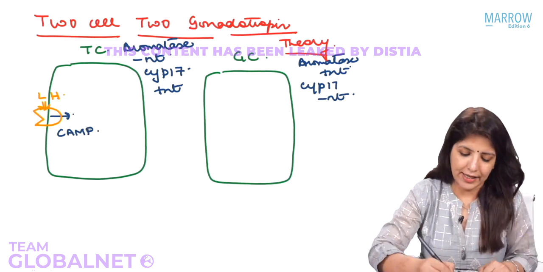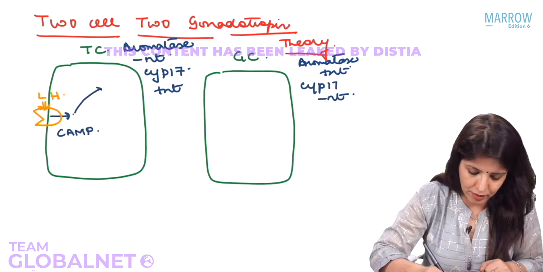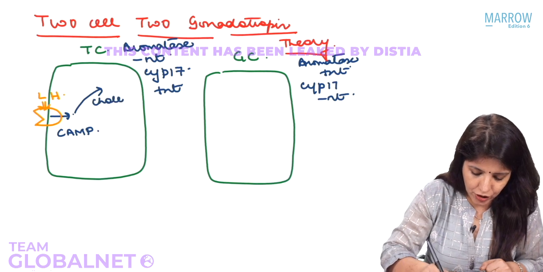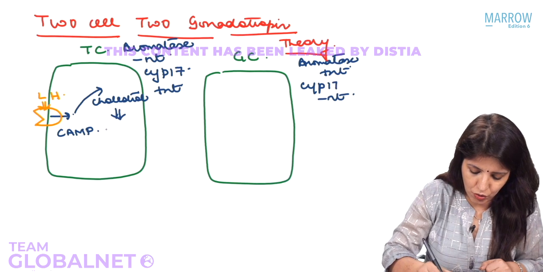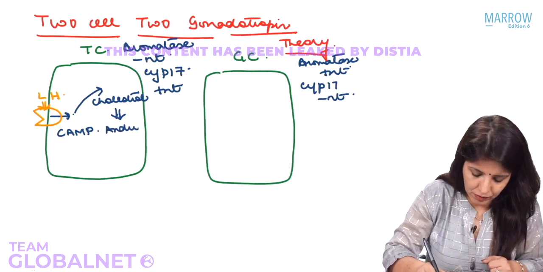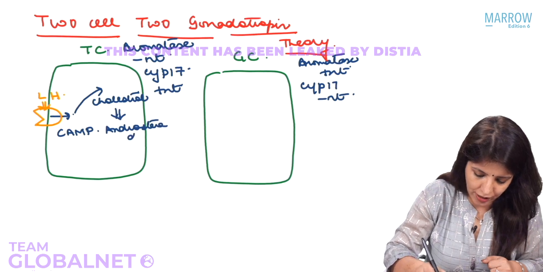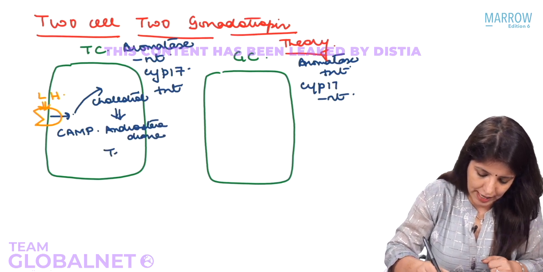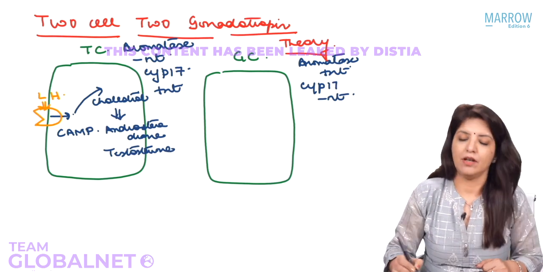and in the theca cells, with the help of cyclic AMP, it will help in the conversion of cholesterol to the androgens, that is androstenedione and testosterone. Right?